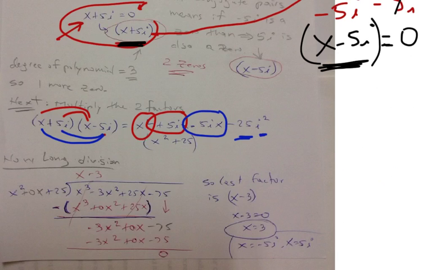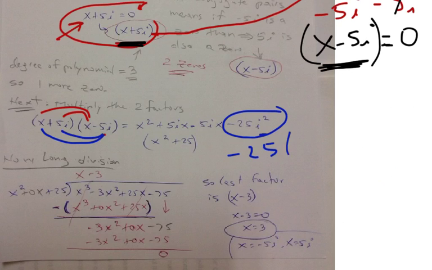Okay, remember, let me erase this thing. I have here negative 25i squared. What's going to happen with that negative 25i squared? Here comes negative 25, and the i squared turns into negative 1. Okay, so when I multiply those two, I'm going to get positive 25, which is this 25 that I just put over here.